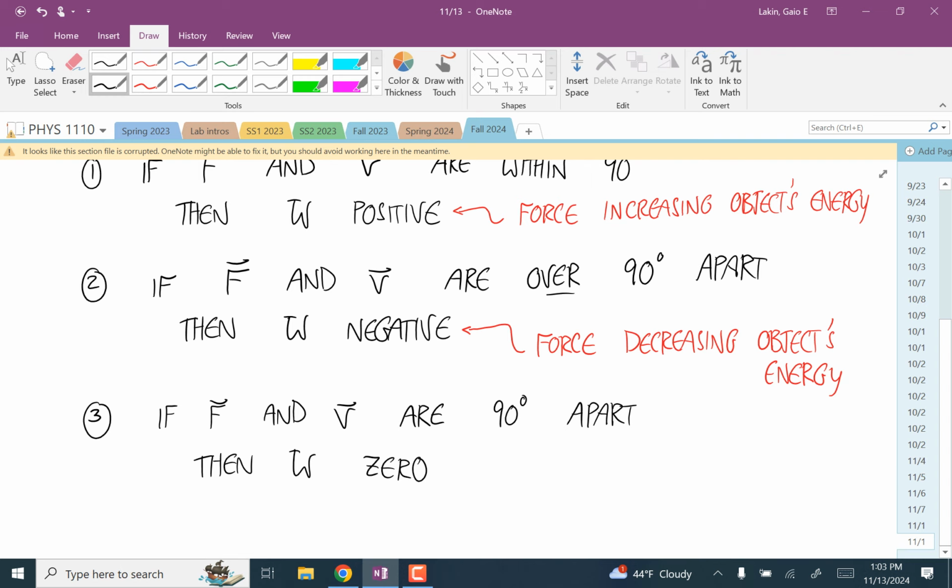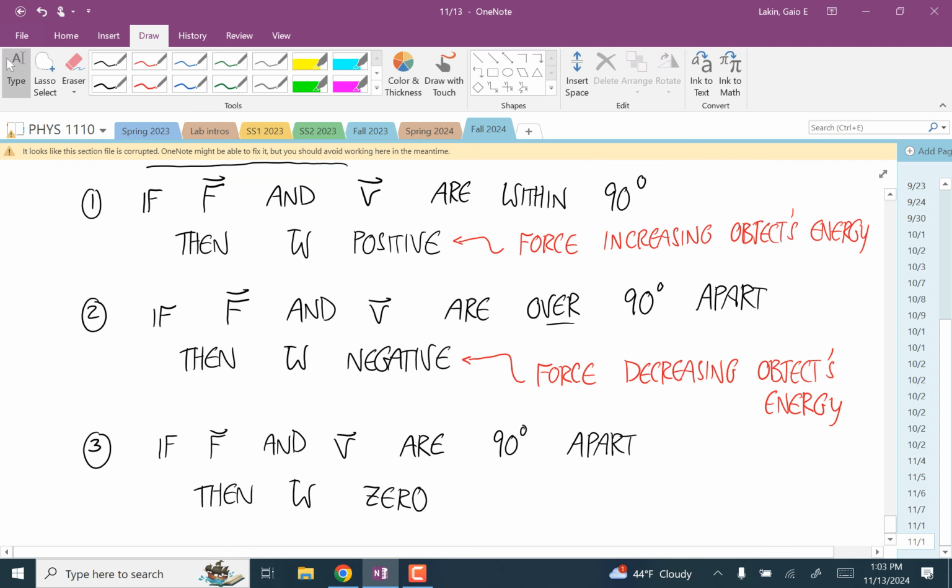Okay, well, think of it in terms of parallel and perpendicular parts of acceleration. Think of these forces as causing parallel and perpendicular accelerations. If the force and the velocity vector are roughly in the same direction, then there's a parallel acceleration that's making the object speed up. That's why the energy is increasing.